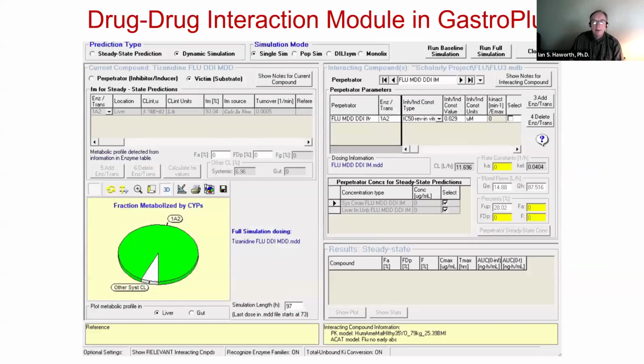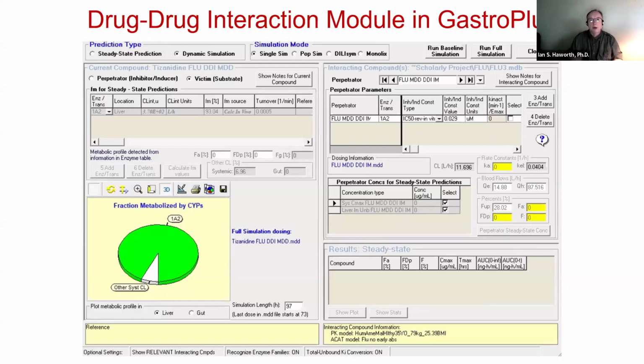So just last few minutes here. This is a drug-drug interaction module in GastroPlus, and I don't have time to go through all the details here, but the important thing is that you need PBPK models for both of your drugs, for your victim drug and your perpetrator drug.